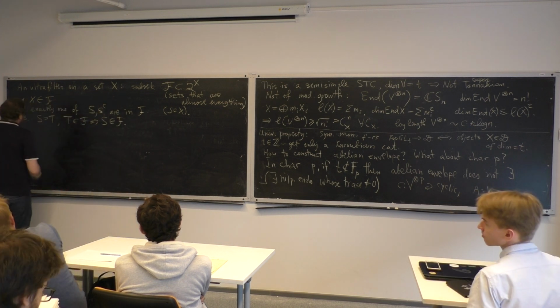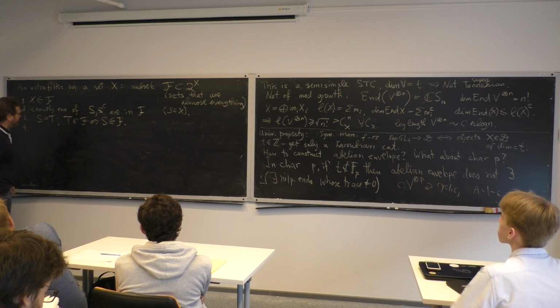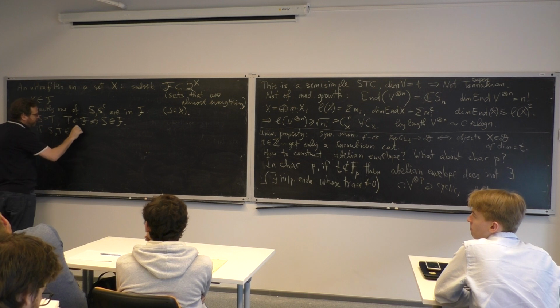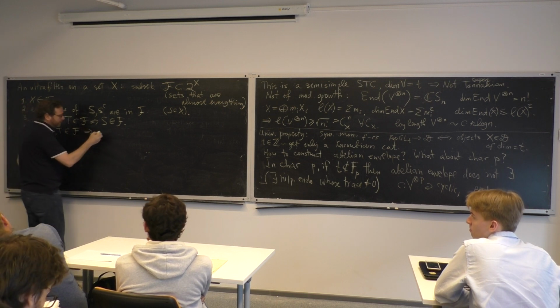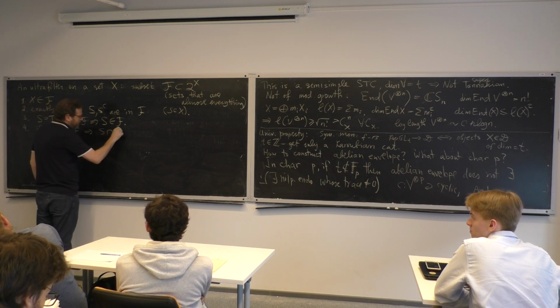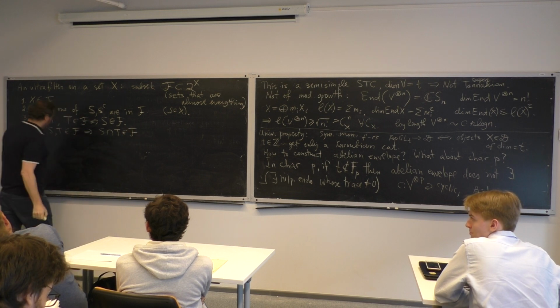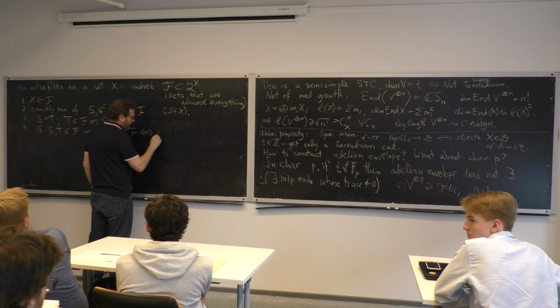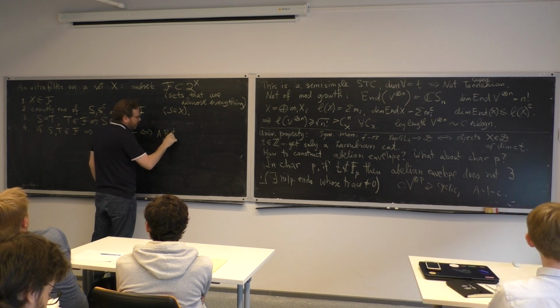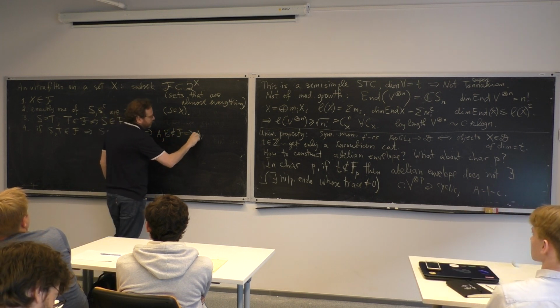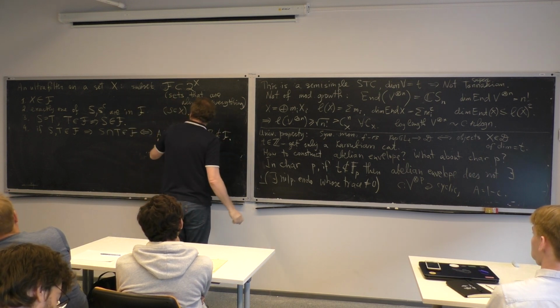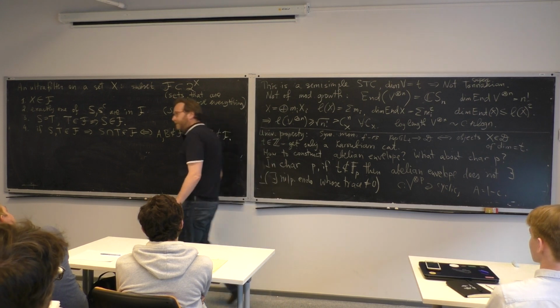And the last axiom is the following: if 2 sets S and T are in F, then the intersection of S and T is in F. Or equivalently, if A and B are not in F, then the union of A and B is also not in F. So if you have 2 sets which are almost nothing, then their union is still almost nothing.